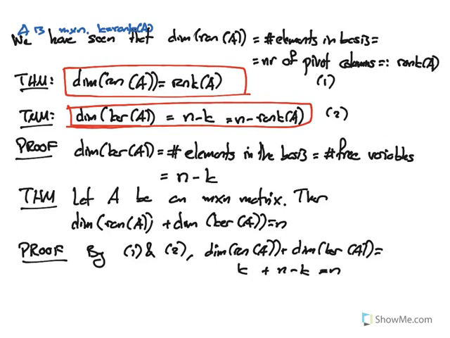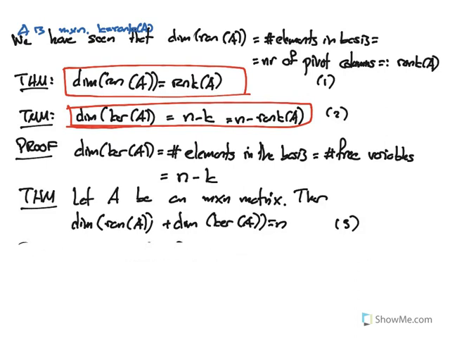So the third theorem here is really an immediate consequence of the first two. But the reason that this is interesting to write down is that this can actually be extended to general vector spaces, or reasonably general vector spaces.